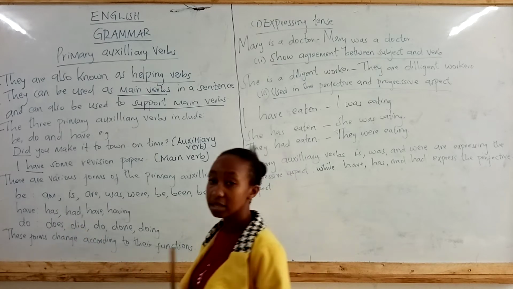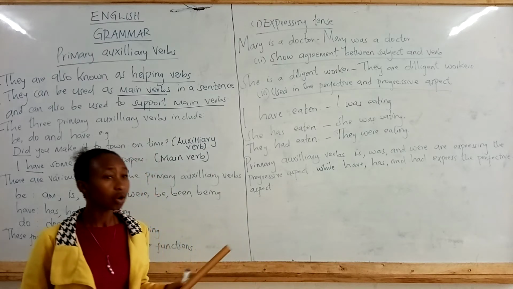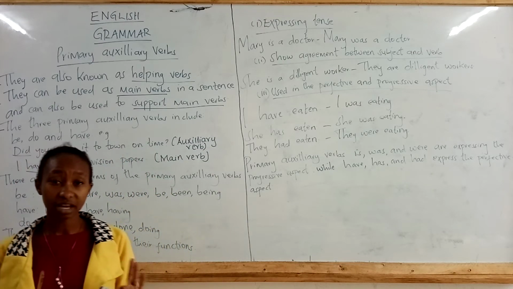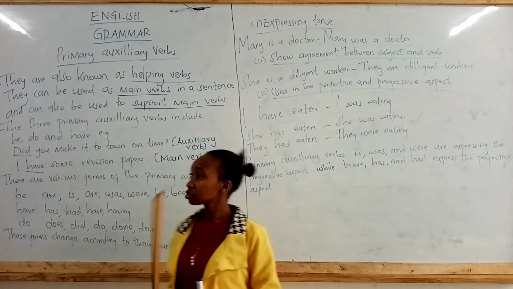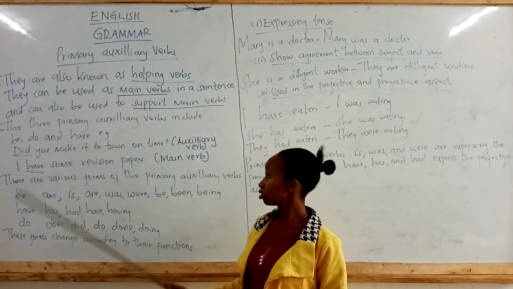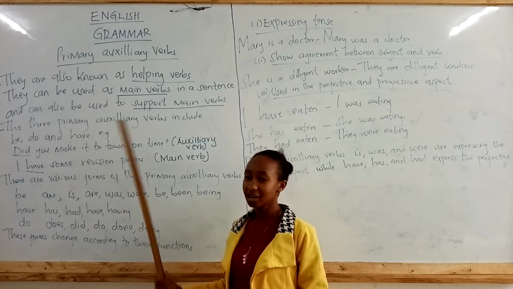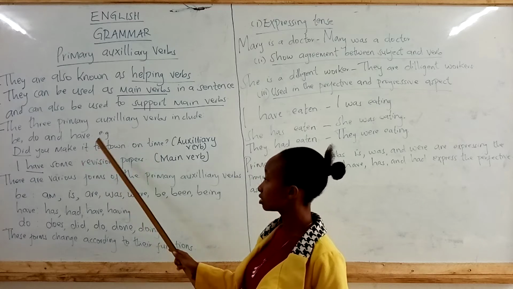So let us look at the primary auxiliary verbs that we have. We've got three primary auxiliary verbs. The first one is be, the second is do, and the third one is have. Those are the three primary auxiliary verbs.